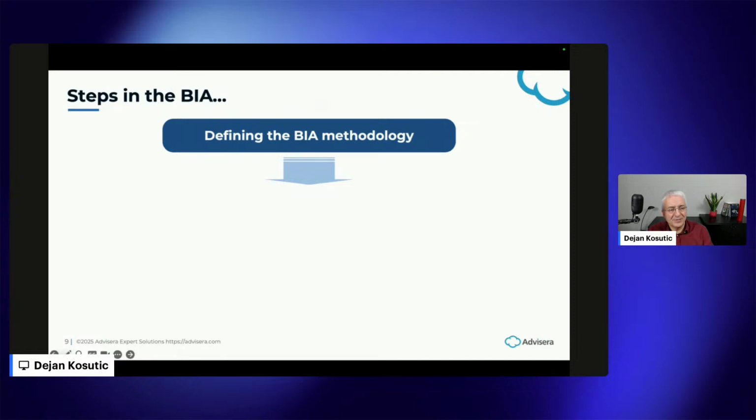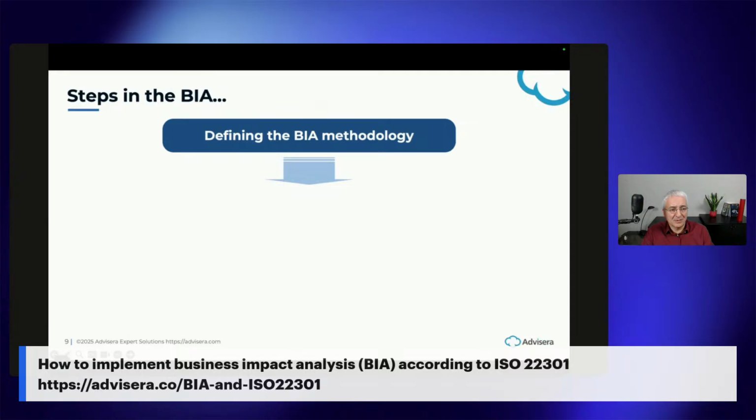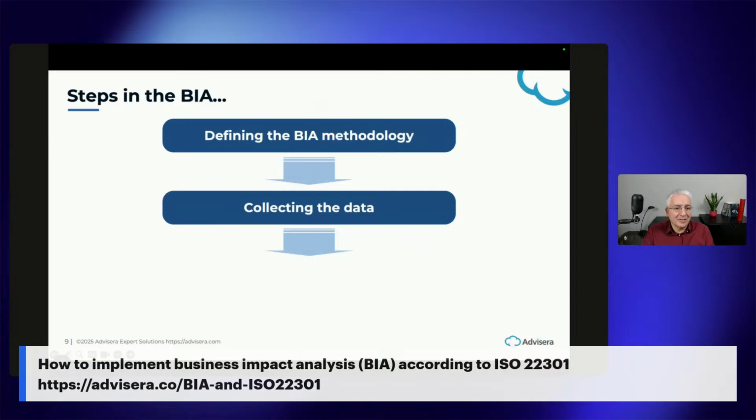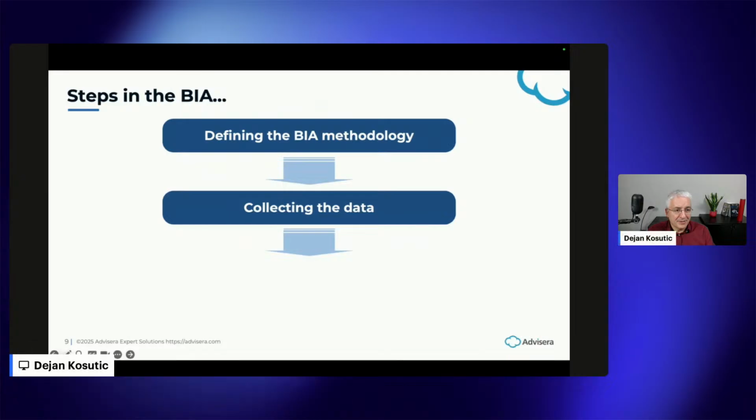And in that article, you will see all of these things that I'm speaking about now in more detail. All right, the next step is really to collect the data. And this collection of data is done through these BIA questionnaires. Later on, I'll show you how these questionnaires look. But the point is that, let's say you have 6 departments in your company, and then you have to collect the data from these departments about potential impacts and how these disruptions will negatively impact your processes.